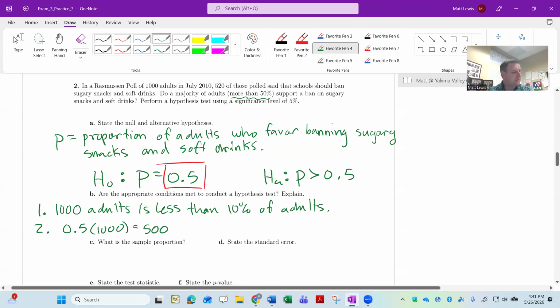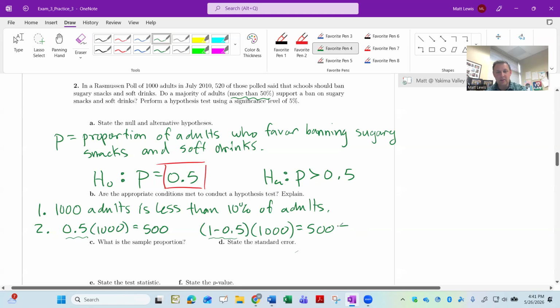is 500. And I'm going to do something that's going to seem silly, but I'm just going to be thorough about it. In this instance, this is not really necessary because it's a 50-50 proposition, but technically you're supposed to do the null value and then 1 minus the null value times your sample size. Of course, the reason that's silly in this case is because it's the same.